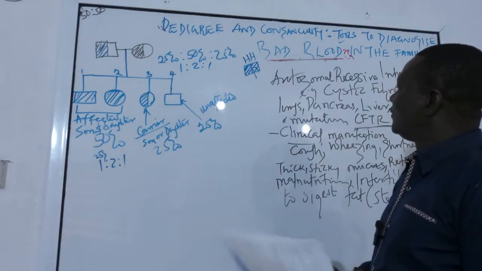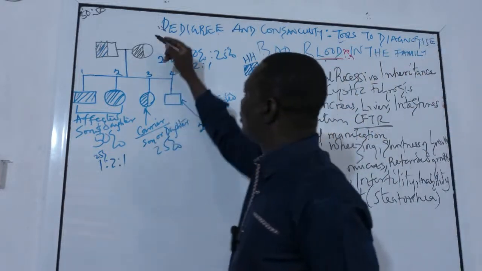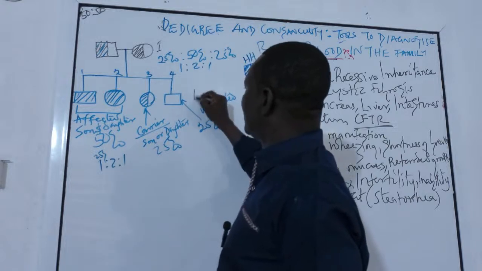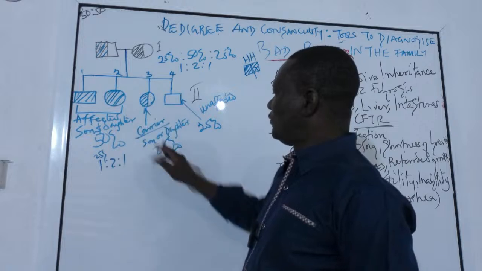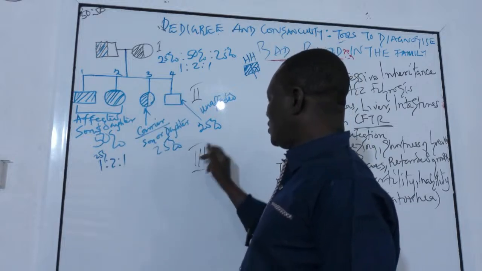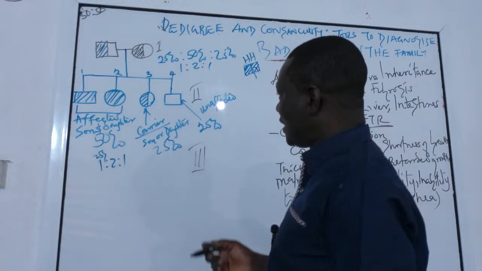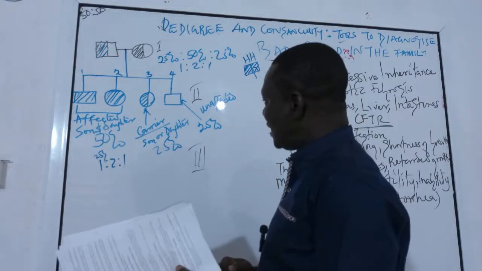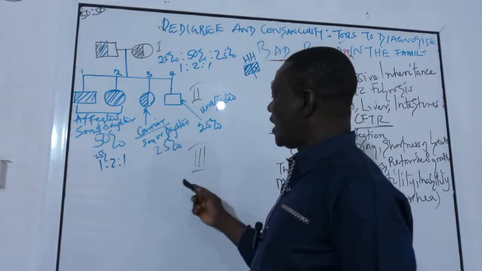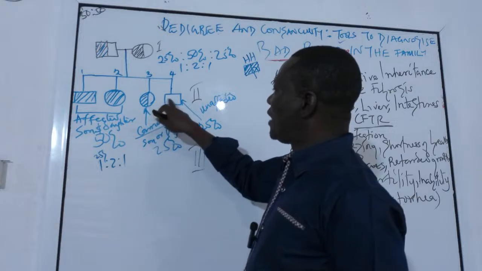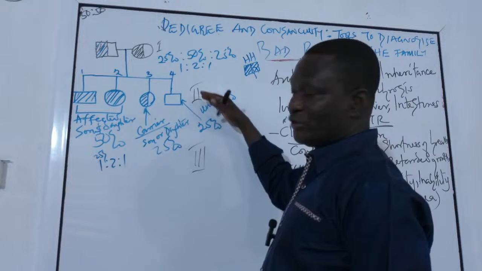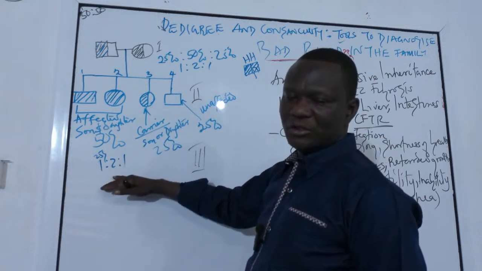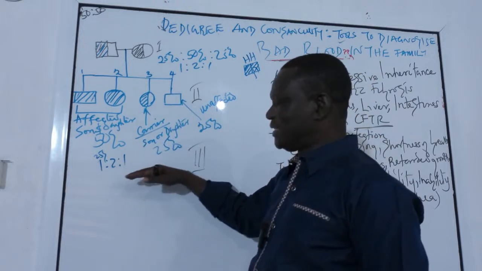Sorry, the first generation will always start from the parents. So this will be the second generation. Then the children of this will be the third generation, and so on and so forth. If any of these begin to get married, that means the third generation is already setting in.